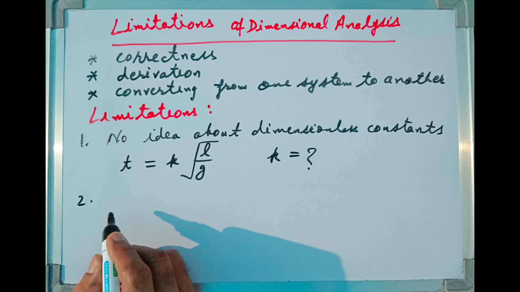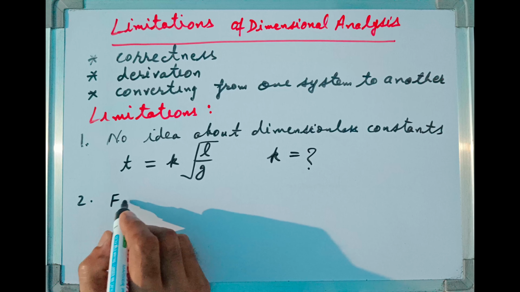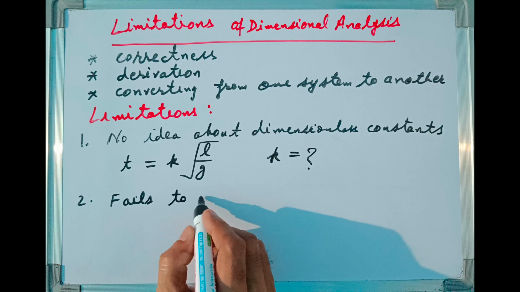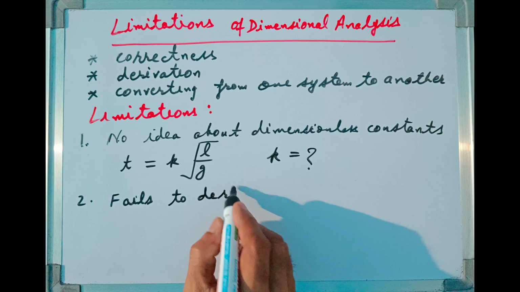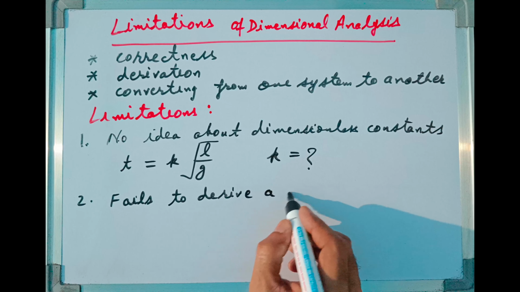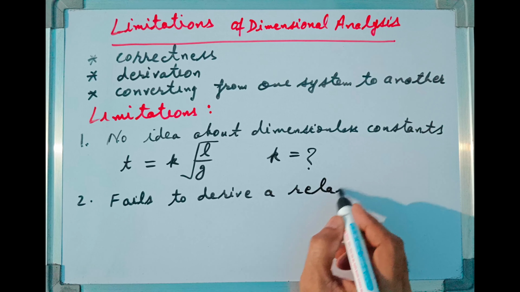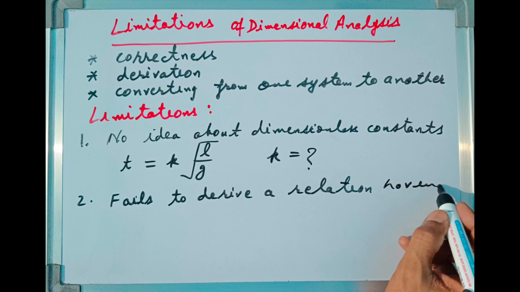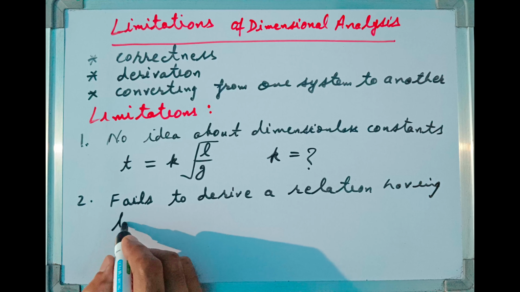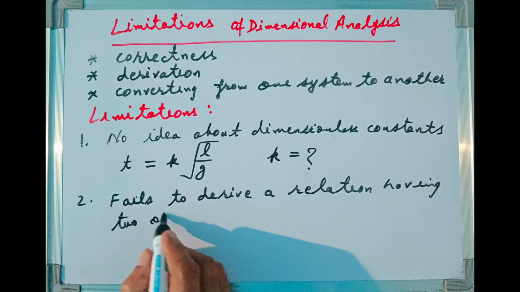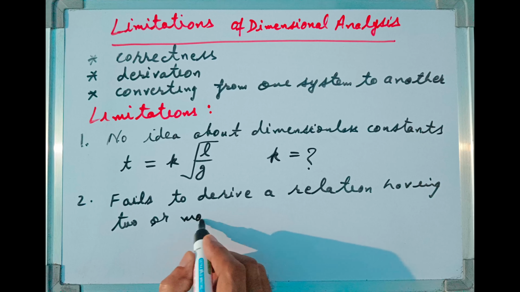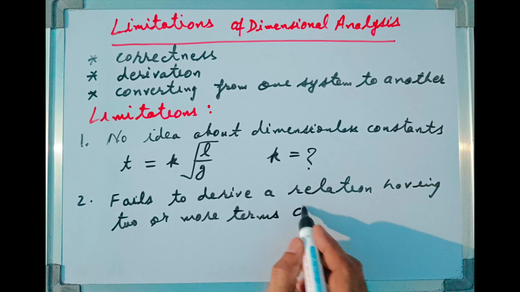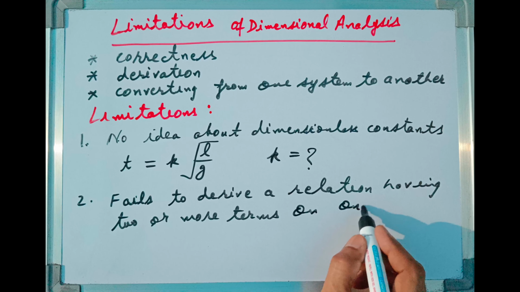Second drawback in the method of dimensions is that this method fails to derive a relation having two or more terms on one side.